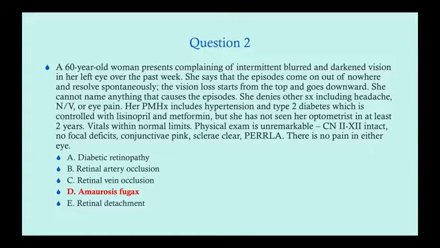So retinal artery occlusion is very similar in pathophysiology. Remember, amaurosis fugax is usually due to a spontaneous atherosclerotic embolism into the eye circulation. But then that goes away, right? So it goes away, and then you're fine.